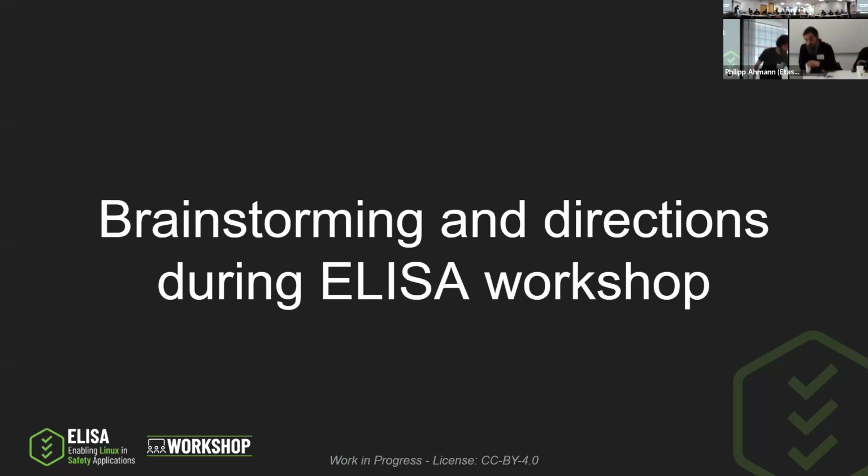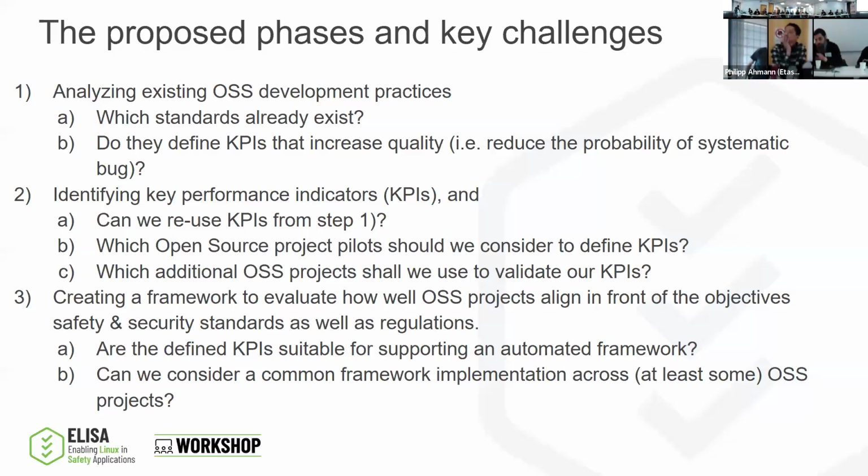Basically, maybe we're saying we prepare this to the three stages of it. We are in this analyzing existing OSS development practices phase, and we want to see also which standards exist, where can we hook on, which are under draft.